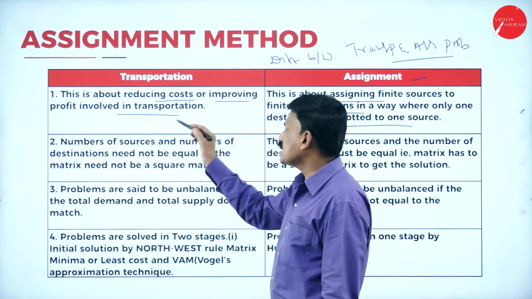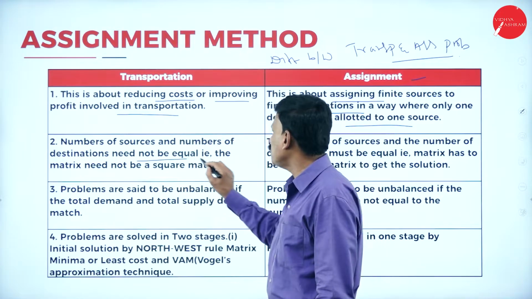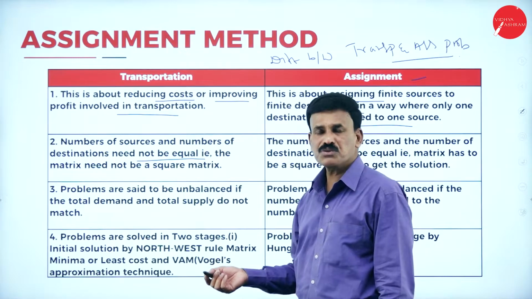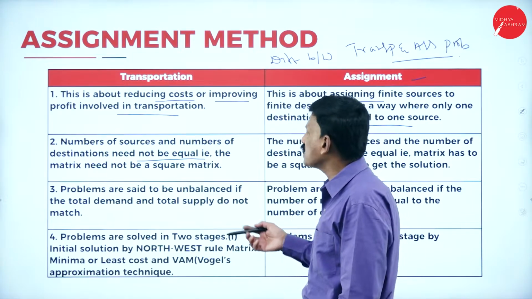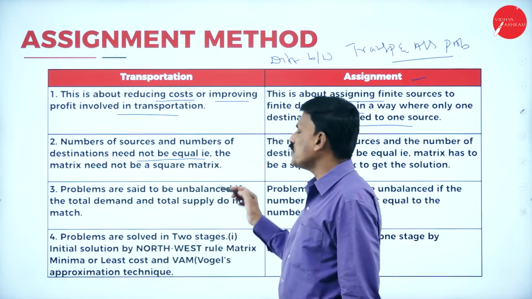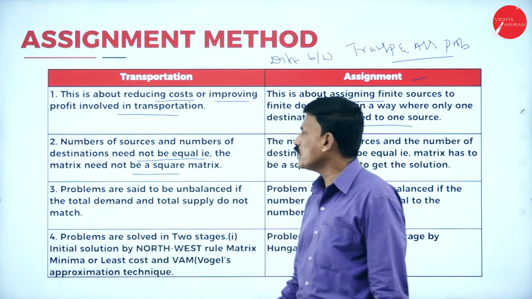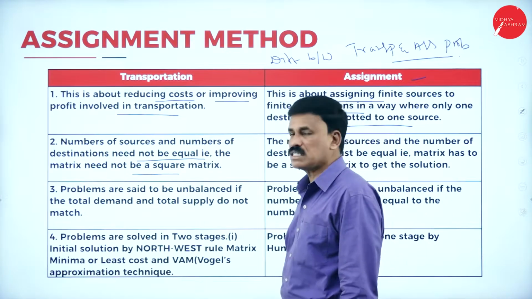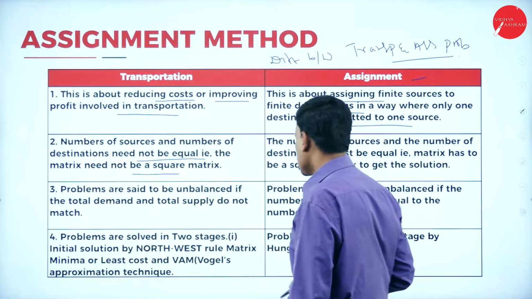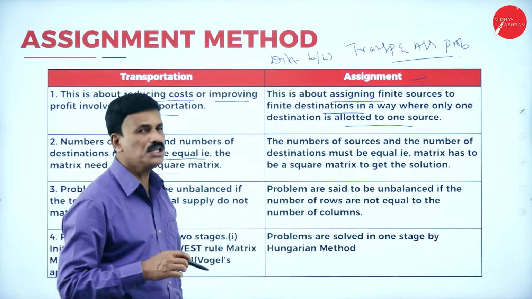In the transportation problem, the number of sources and the number of destinations need not be equal. That is, it may or may not be a square matrix. The number of rows is not equal to the number of columns. Whereas in the assignment problem, the number of sources and the number of destinations must be equal.